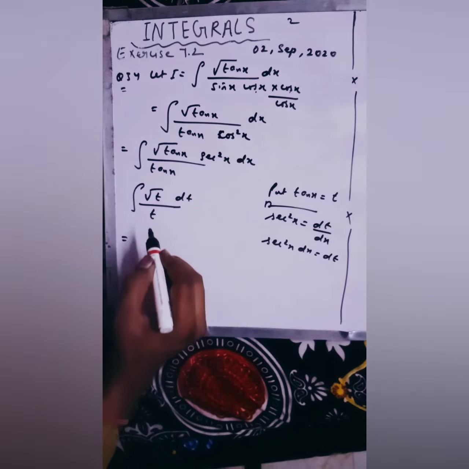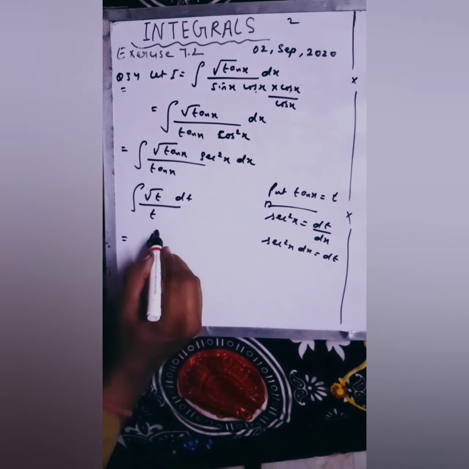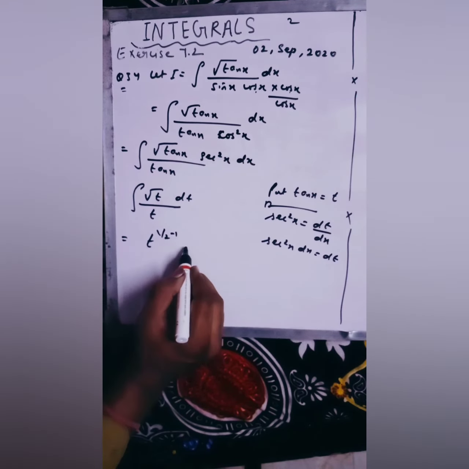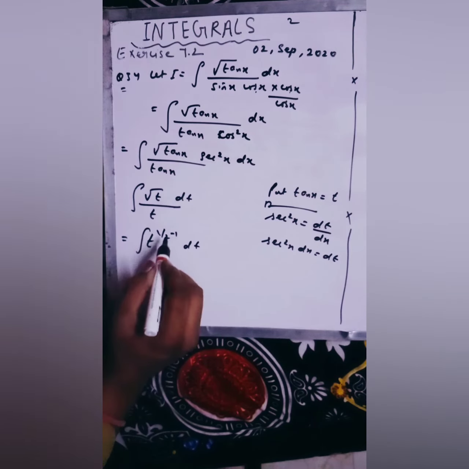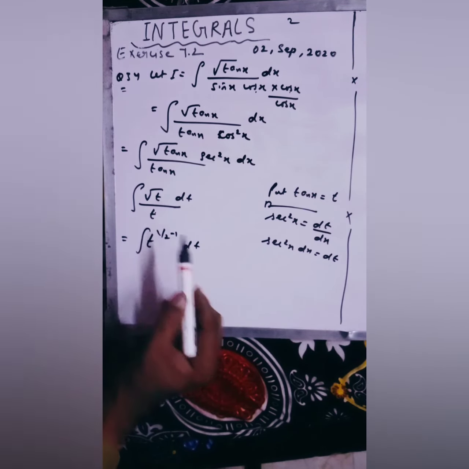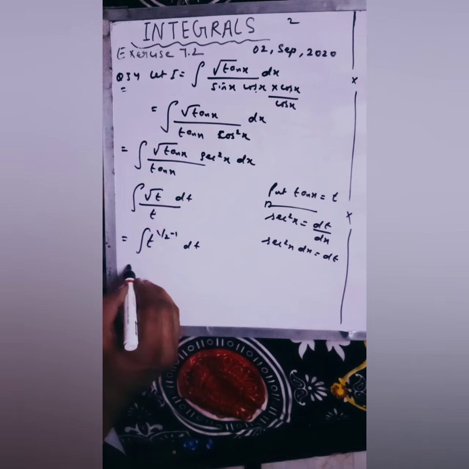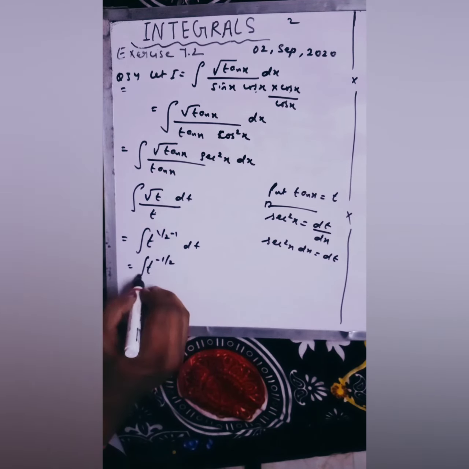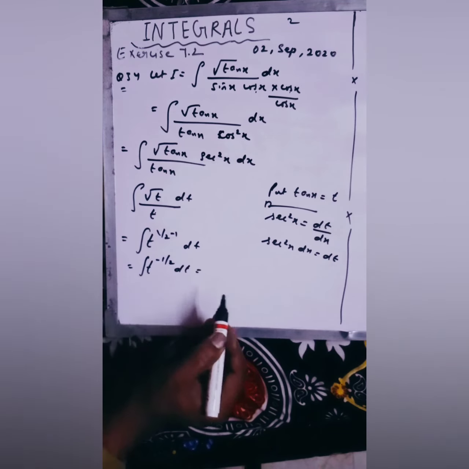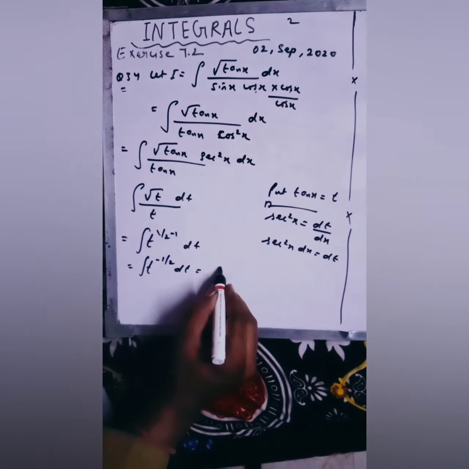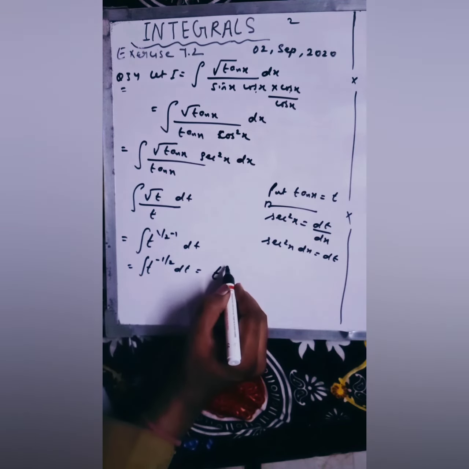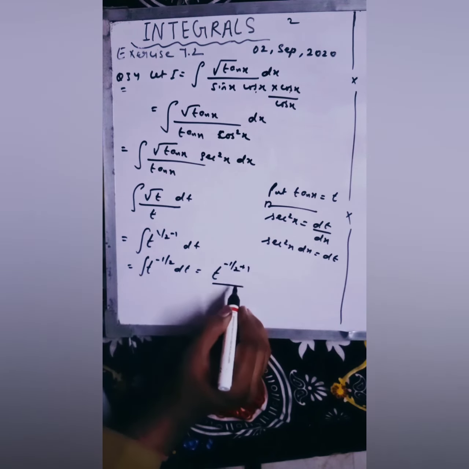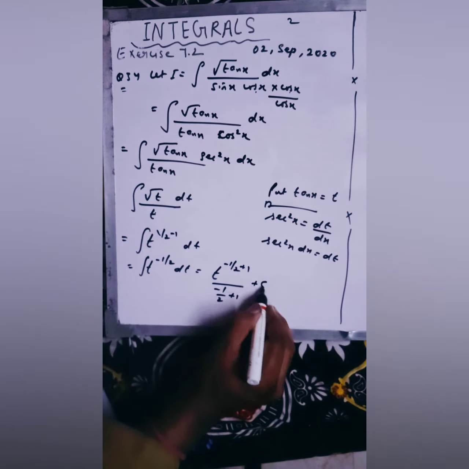Okay, so when you solve this, here you get t raised to power 1 by 2 minus 1 into dt. You have to use exponents because the bases are the same, so you subtract the powers. So after solving, you will get minus 1 by 2 integration dt. When you integrate this, you will get t raised to power minus 1 by 2 plus 1 over minus 1 by 2 plus 1 plus c.